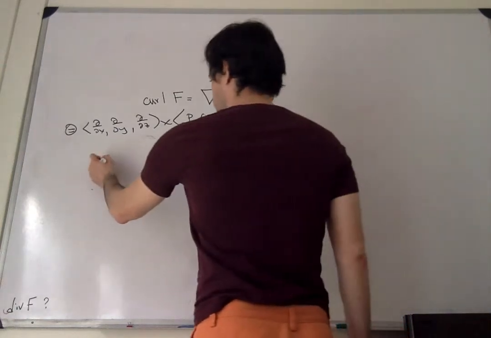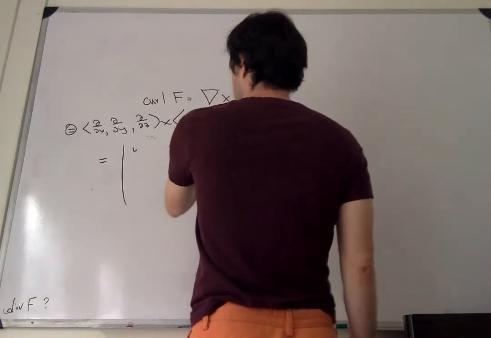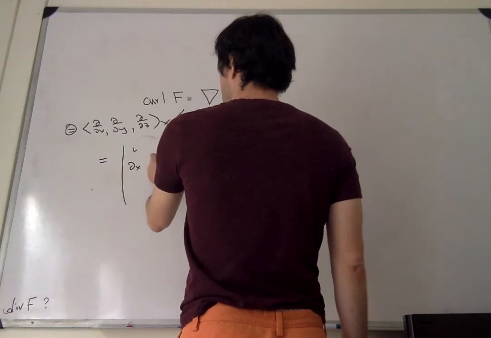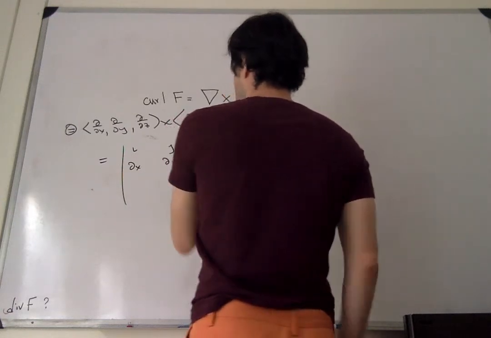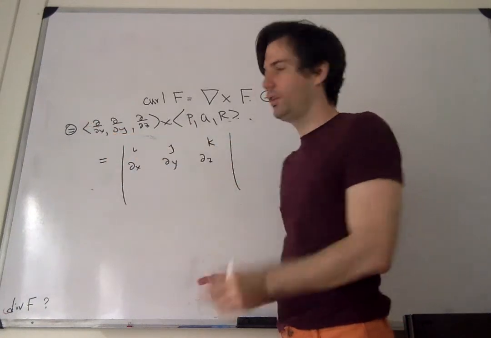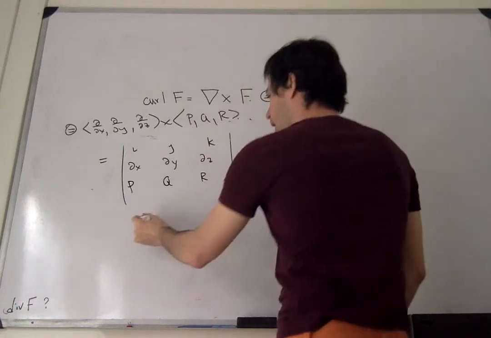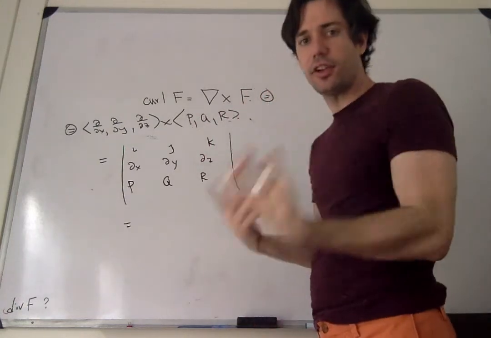Okay, so let's do this. So i, j, k, ∂x, ∂y, ∂z. I'm just writing this as short for that, okay? That's all. Now P, Q, and R, and now I'm going to do the calculation.